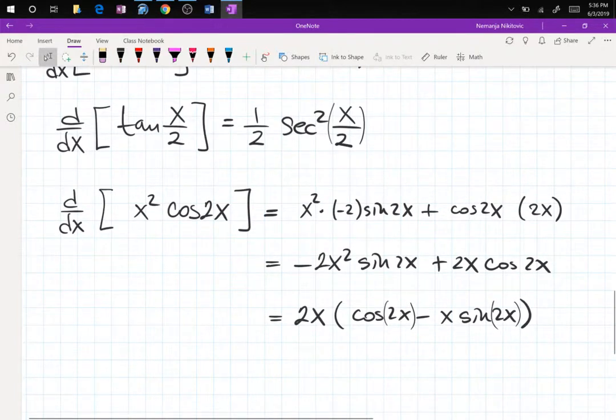And this is the factored form. You can now set this equal to 0 in chapter 4 and do the rest of the math.